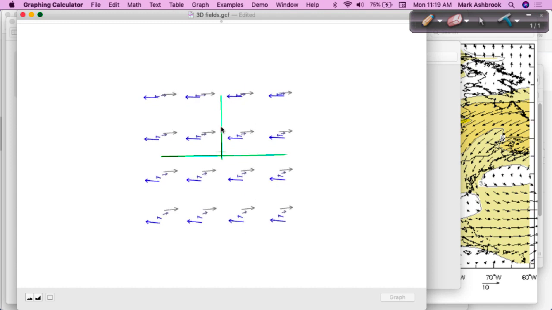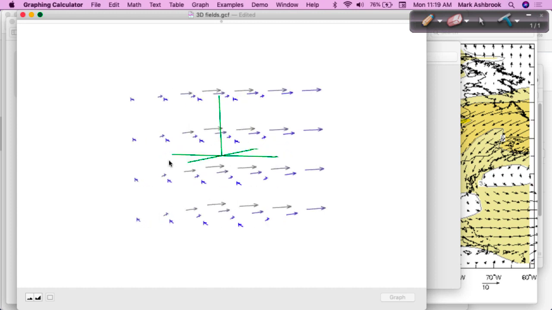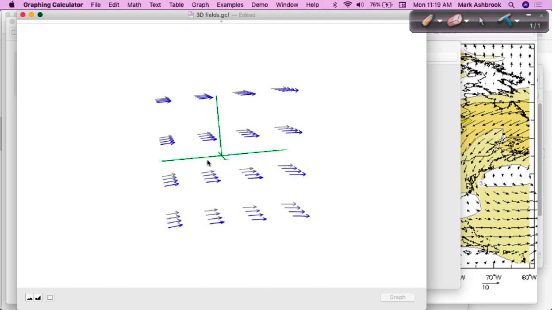There's XZ. So this is closest, and that's farthest behind. So just from closest to furthest away. And this is X and Z. And then here is YZ, looking in the YZ direction, down the x-axis.